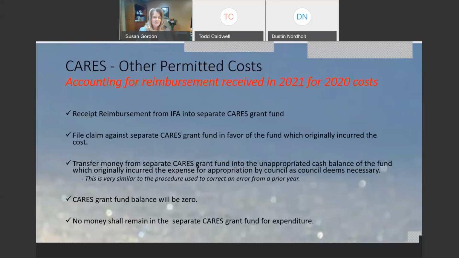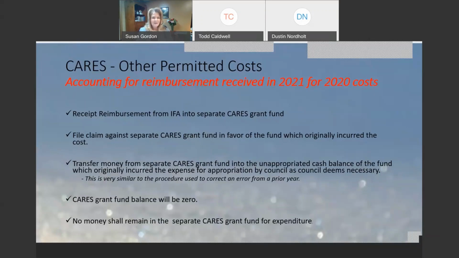Okay, also for CARES money, you may have submitted reimbursement requests for other permitted costs. And how do you account for reimbursement received in 2021 for those costs that you incurred in 2020? Because we had originally had the reversal of the expense and so forth, and that doesn't work when you're in a different budget year. So you're going to receive the reimbursement from IFA into a separate CARES grant fund.